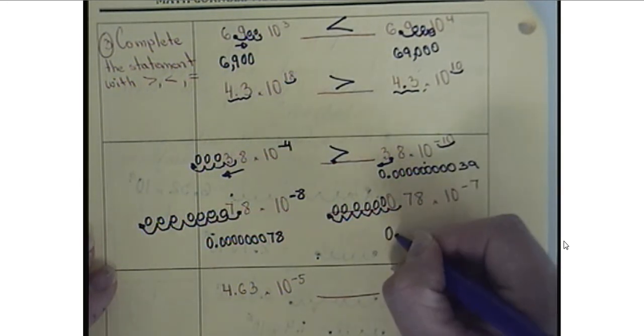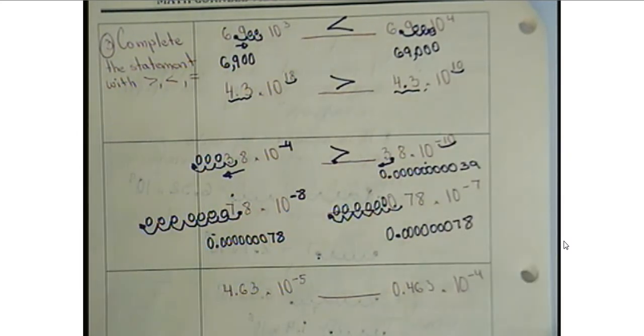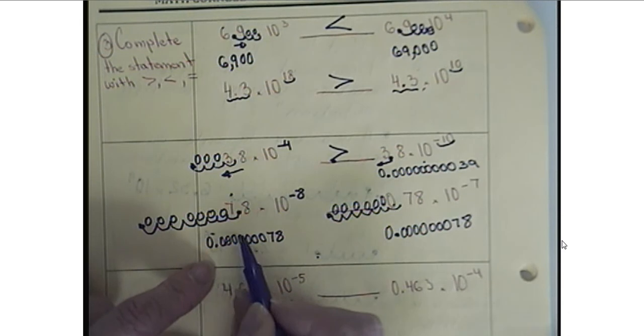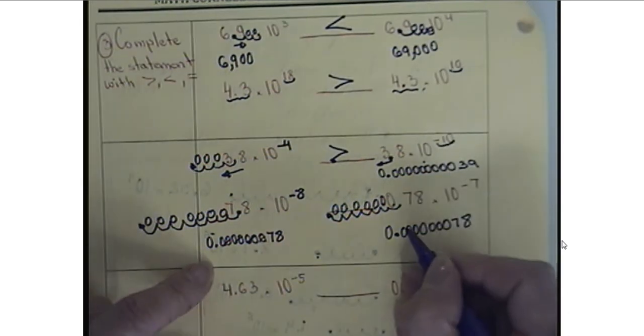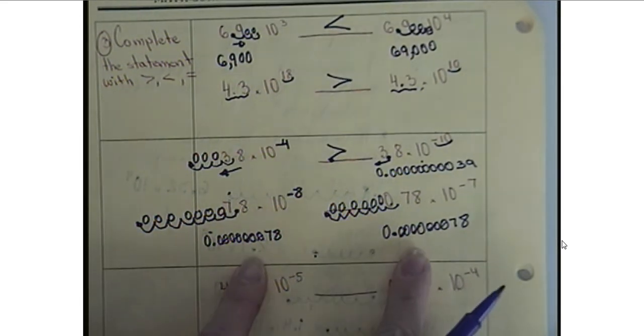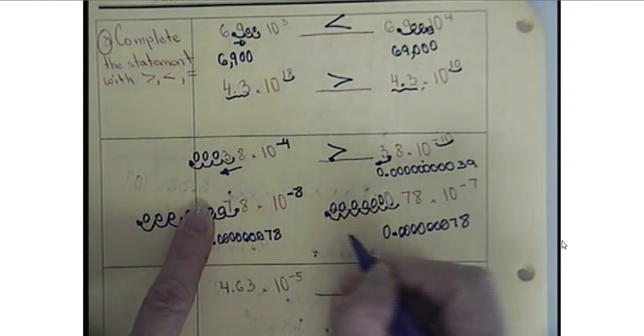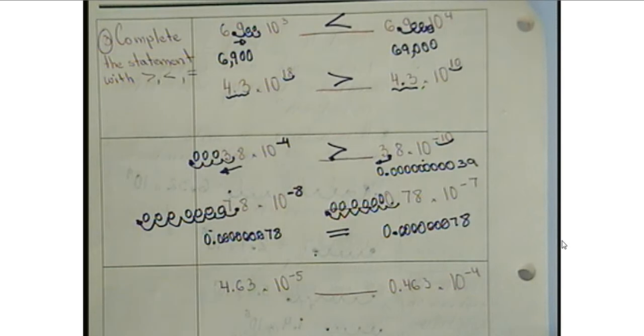Let's copy this: 0 point, and we have 7 zeros, then 7, 8. Alright, let's take a look at how many zeros we have here and compare the numbers. There are 2, 4, 6, 7, and 2, 4, 6, 7. Both of those have an equal amount of zeros and 7, 8, which means the left side is equal to the right side in this example.